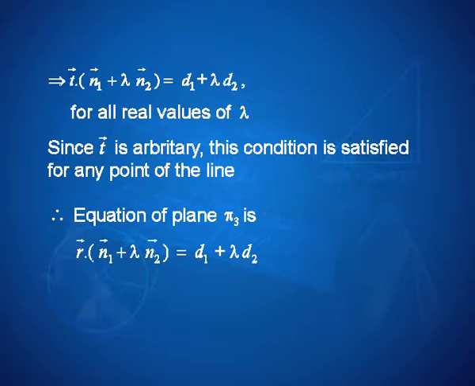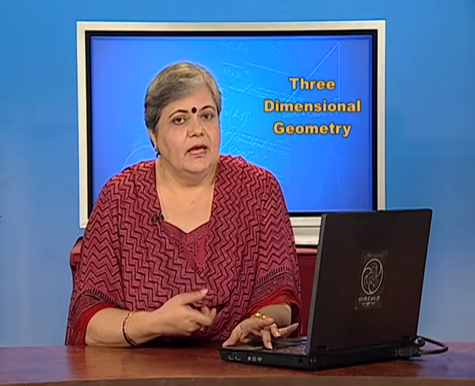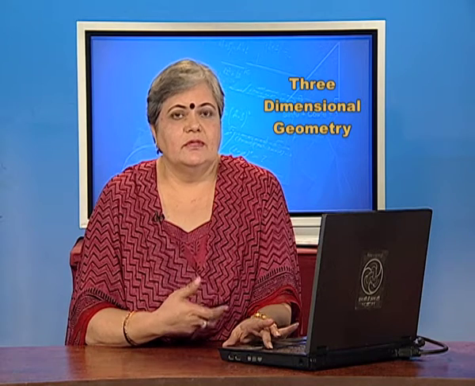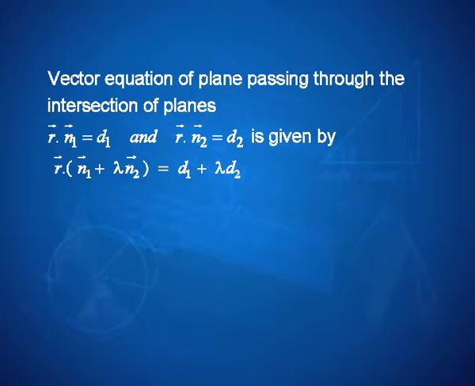Lambda is a real number, any real number. So, as you vary lambda, you come across the entire family of planes passing through the intersection.